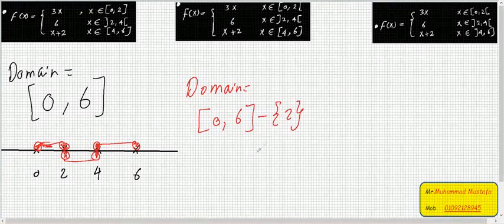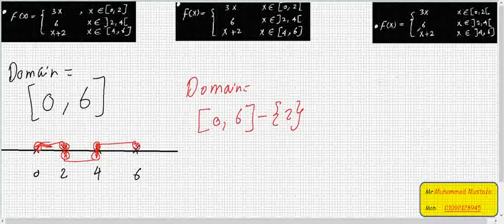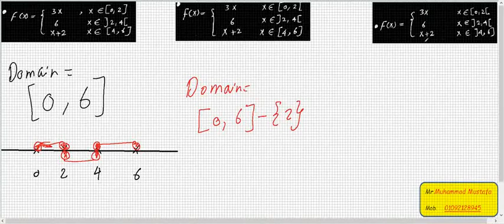And you can use the number line, the union of the 3 intervals, to check your answer. When we talk about the last f of x, 3x, the 3 parts from 0 to 2, from 2 to 4, 4 to 6, also the domain equals 0 closed and 6 also closed.